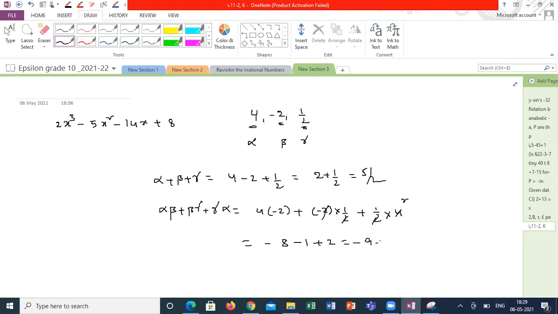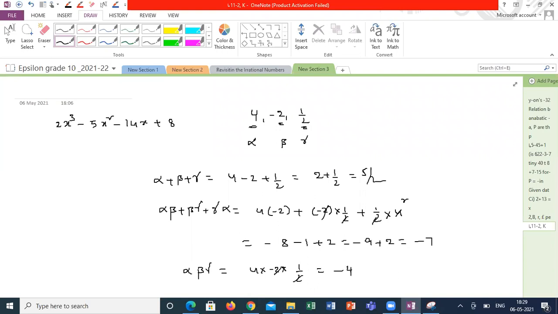This is minus 9 plus 2. So minus 7. Alpha beta gamma: 4 into minus 2 into 1 by 2. 2 cancel. That is minus 4.